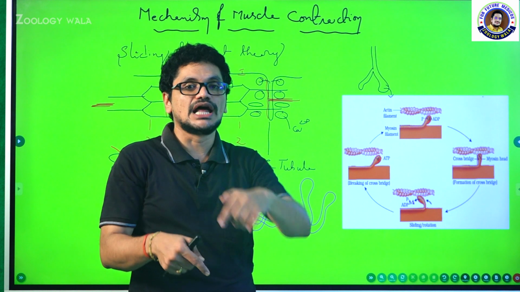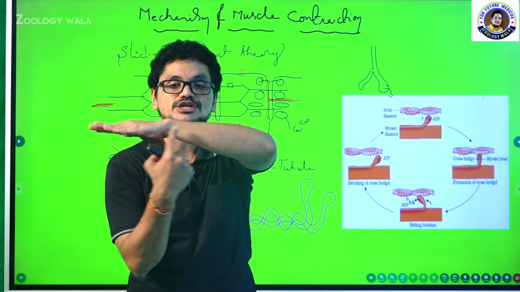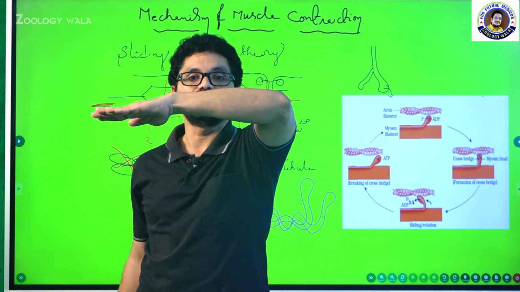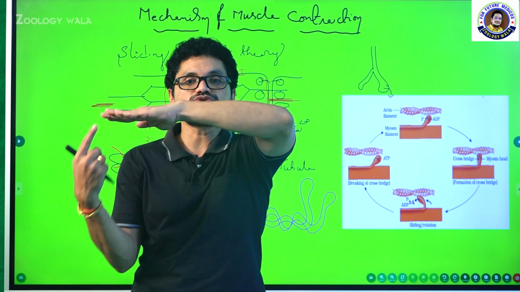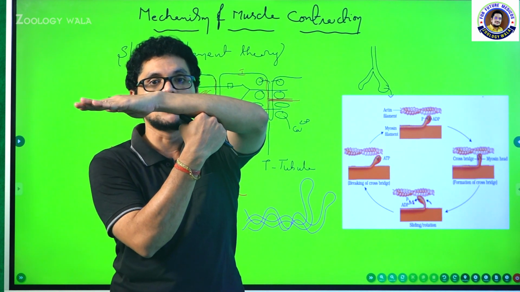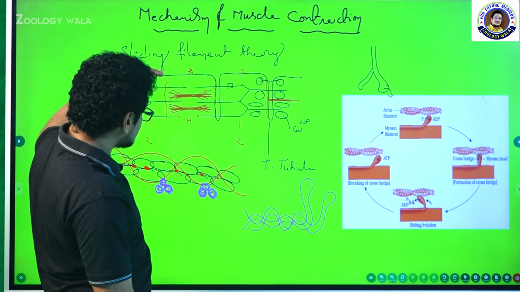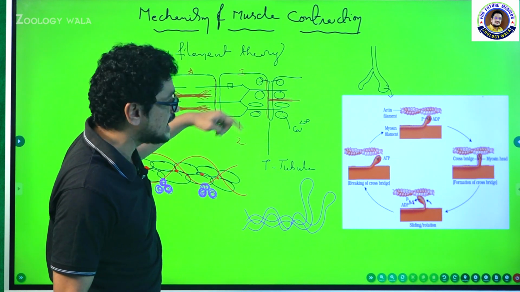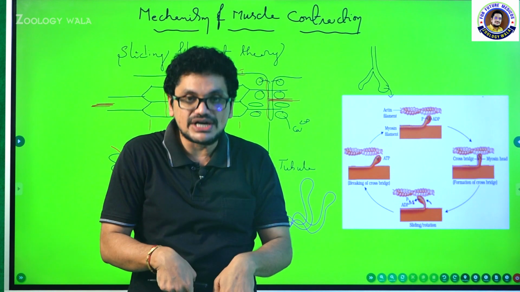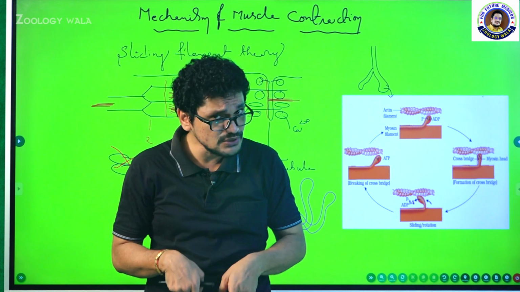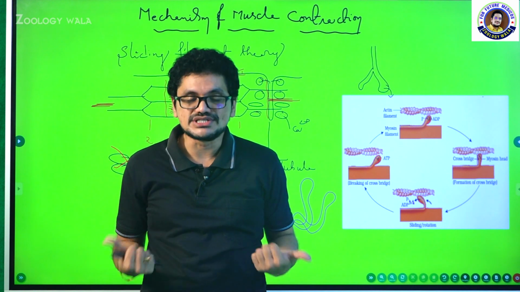When we give the signal, then the active sites which are present over the thin filaments will be exposed. When active sites expose, then only the head of myosin will go and bind. As I said, the signal given by the nerve cell is taken by the sarcolemma, and the sarcolemma in turn gives signals to the T tubule and then to the cisternae.